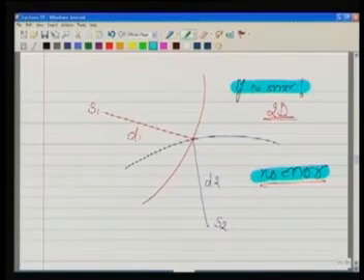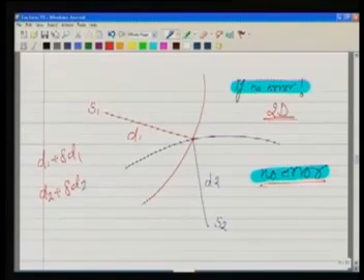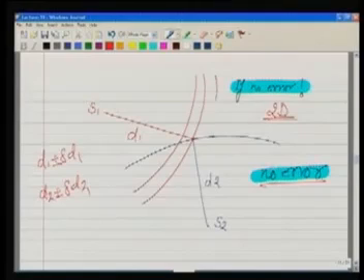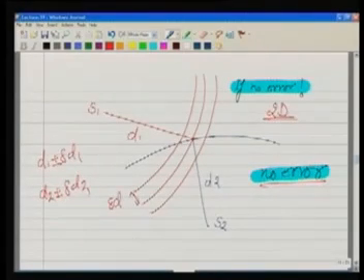But if there is error, what will happen? If there is error, let us say D1 is being measured with some error and D2 is also being measured with some error. In that case, the error is of course plus or minus, and then for this particular point we now have an uncertainty here. This uncertainty is D1 here. That's the uncertainty.